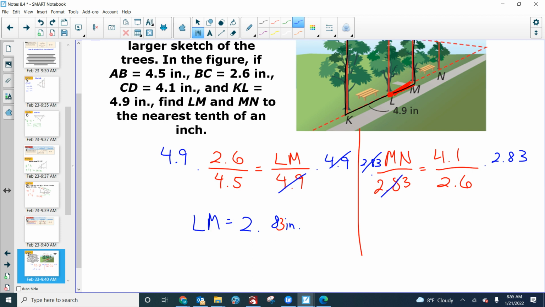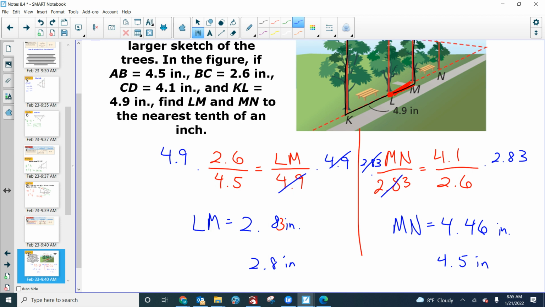So 4.1 times 2.83, and then divide that by 2.6. I get 4.46. MN is 4.46 inches. So on my final answer blank, if they ask me to round to the nearest tenth, I would round and say 4.5 inches. And this one would be 2.8 inches.